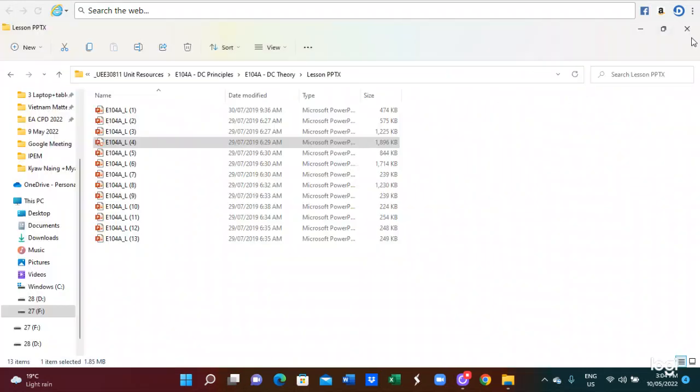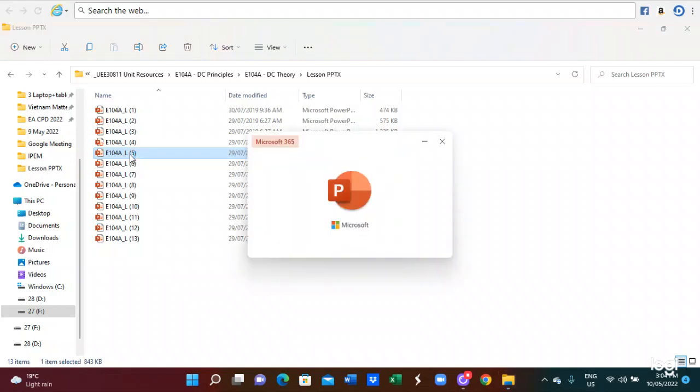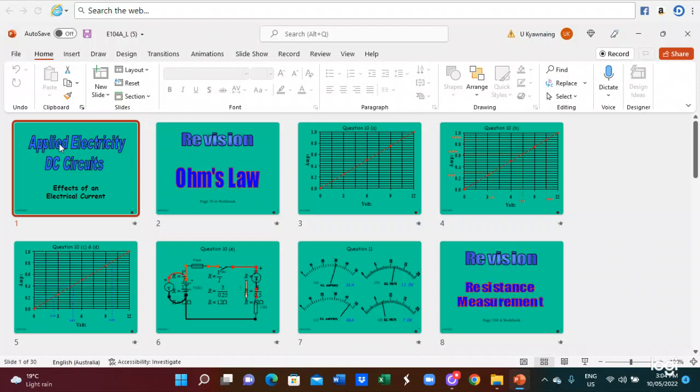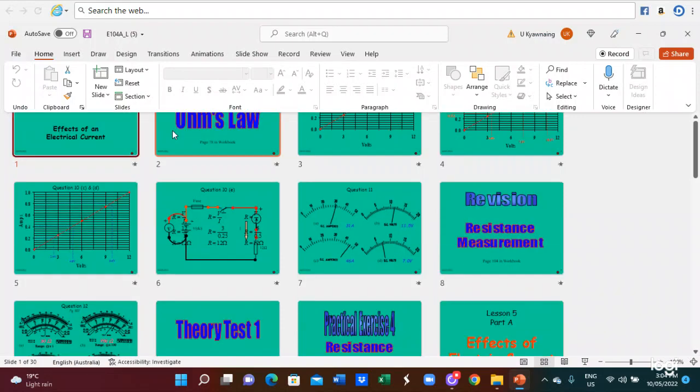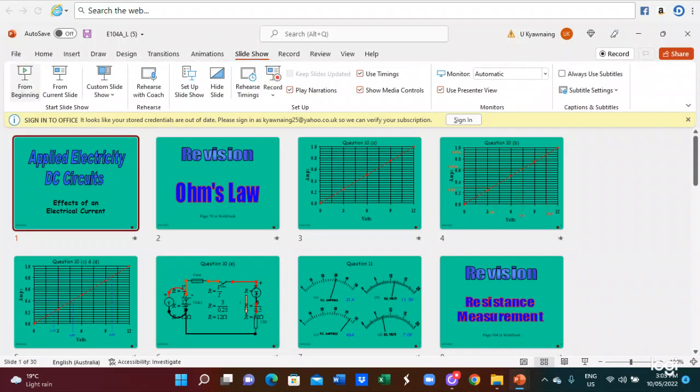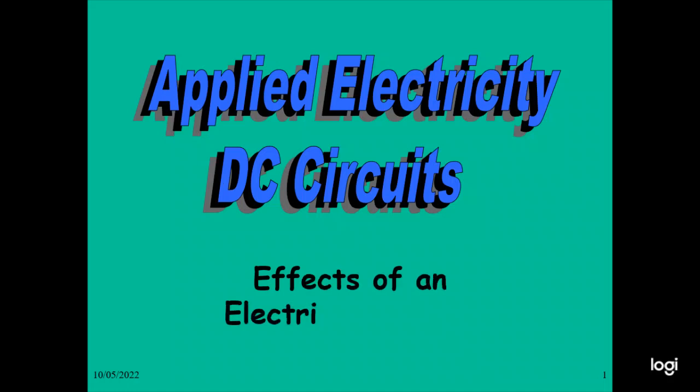Now we're talking about lesson 5, the effect of electrical current.